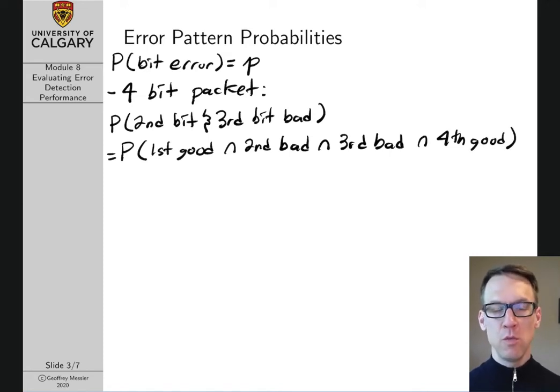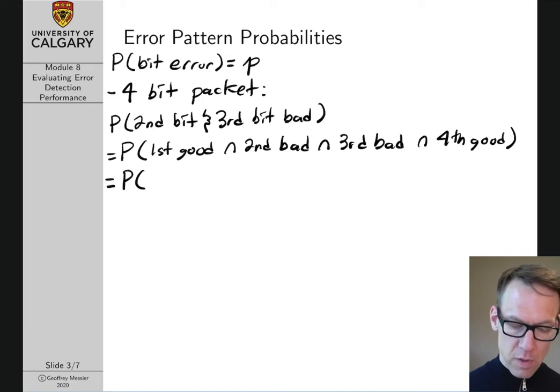If we assume that bit errors are independent at the physical layer, which is a reasonable assumption in most systems, the probability of error is independent in each of the bits. And so when we look at the intersection of these probabilities, we can write them as the product of the individual probabilities.